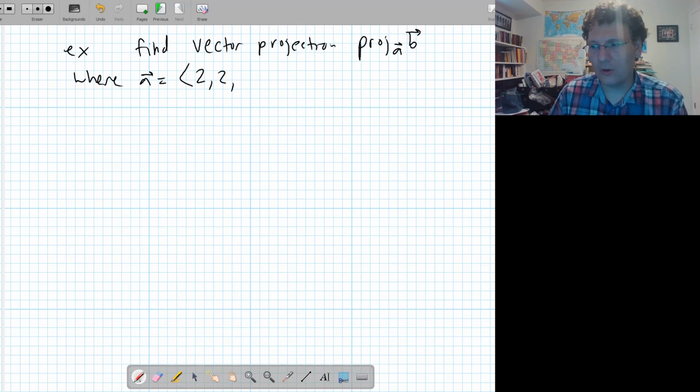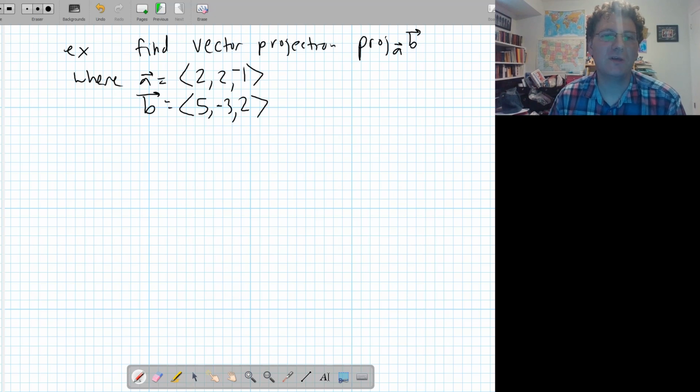As I said in the formula, what we need is A dot B, which is 2 times 5 is 10, plus 2 times -3 is -6, plus -1 times 2 is -2. So that's 2. We had that from before.